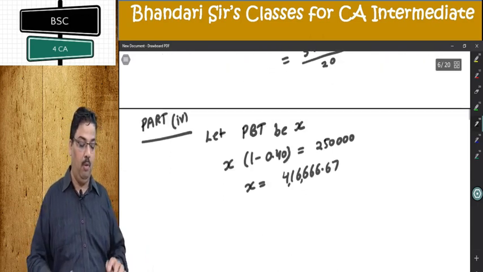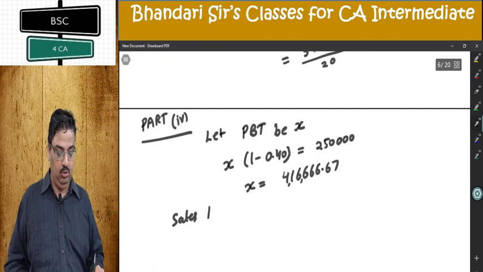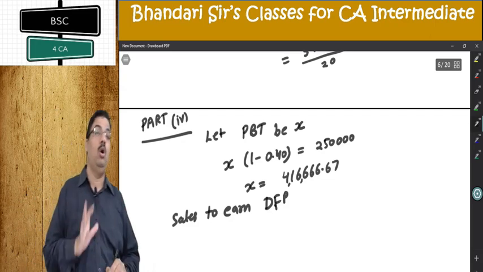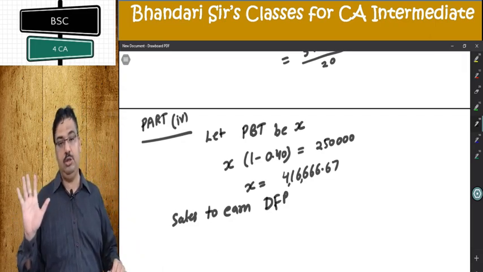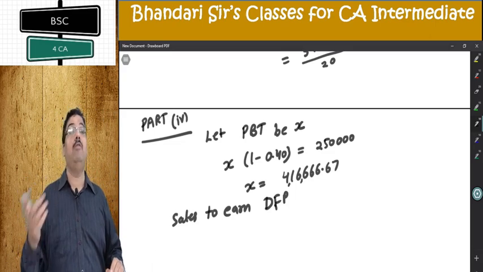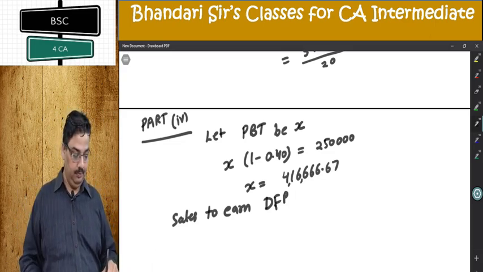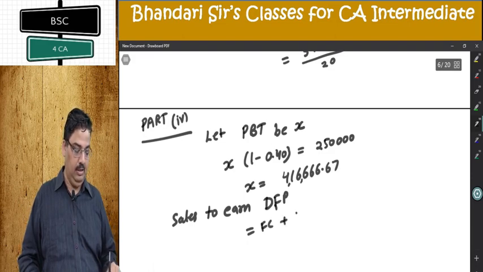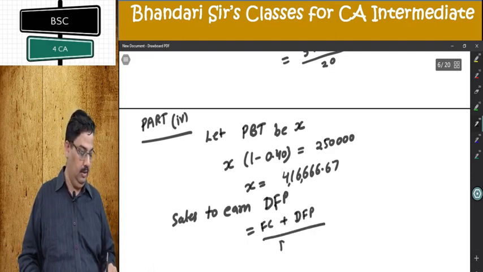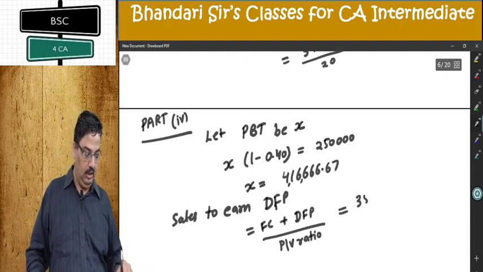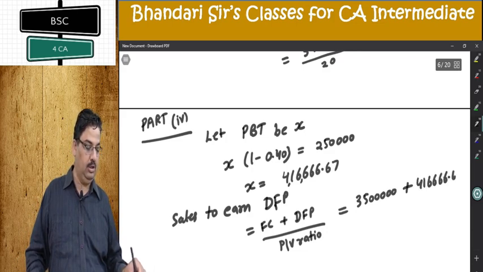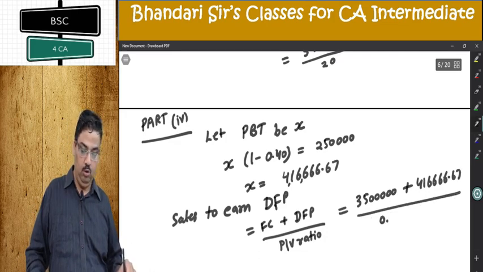So now I put the formula. Sales to earn DFP. Now it is in revenue now. It is not in units. He is not wanting units. He says sales level. So I am going to compute in rupees. Fixed cost plus desired fixed profit divided by PV ratio. So 35 lakh plus 4,16,666.67 whole divided by 0.5333 till the end.